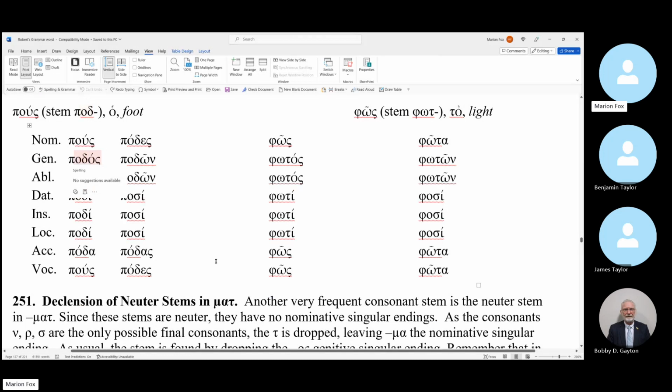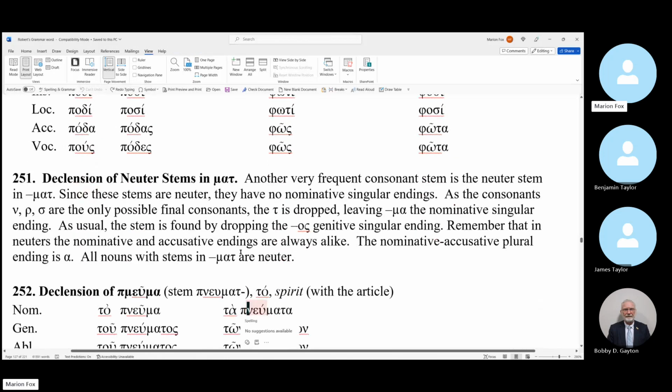Okay. He's telling you that's a rule we've already learned. We've used that several times before. And the neuters' nominative and accusative endings are always alike. And that's, of course, in neuters. Right? The nominative, accusative, plural ending is alpha.